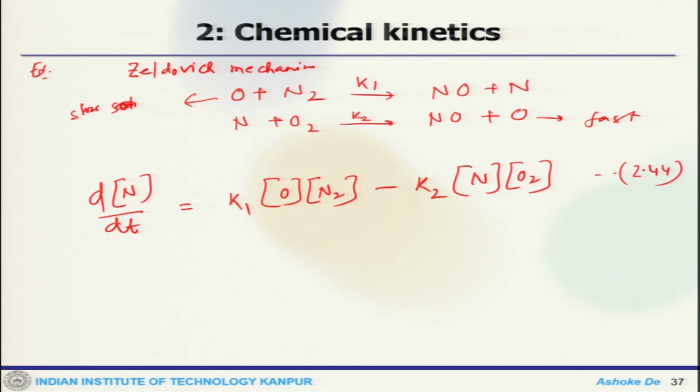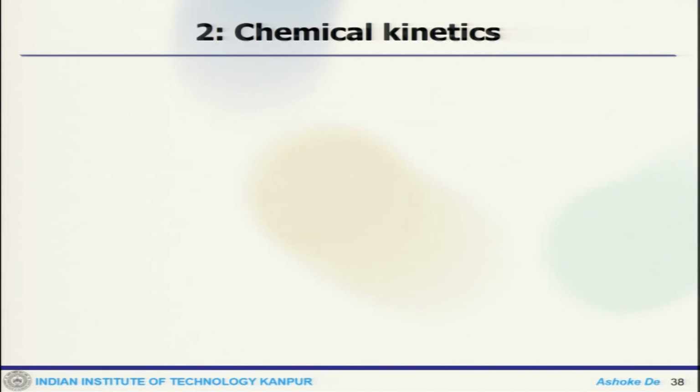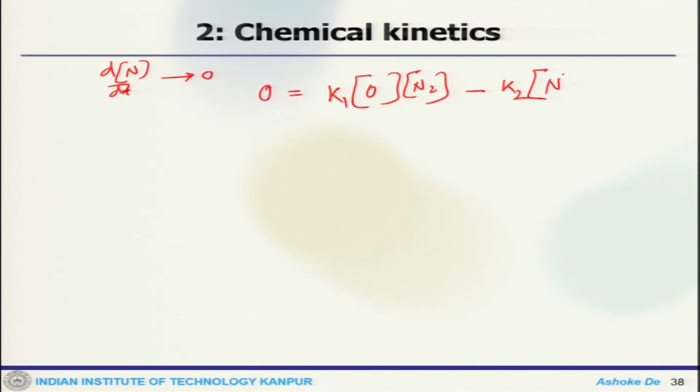Now, if you allow the rapid transient to build up the N, your d[N]/dt will approach 0, which means K1 [O][N2] minus K2 [N][O2] equals 0.